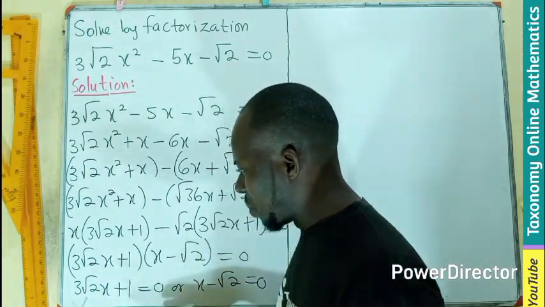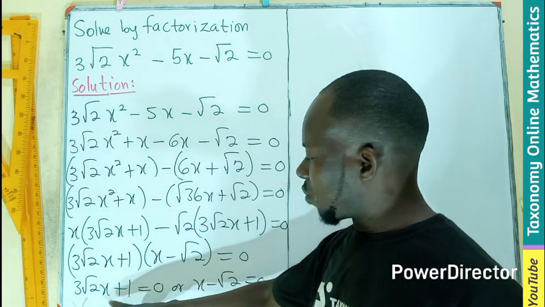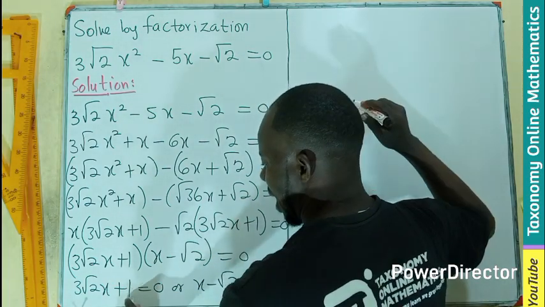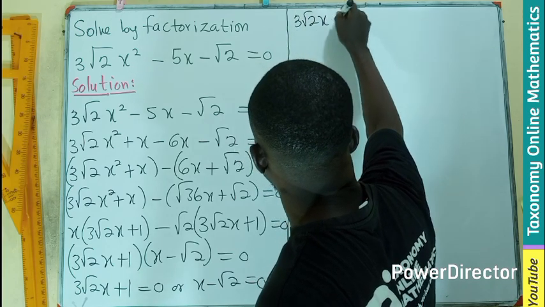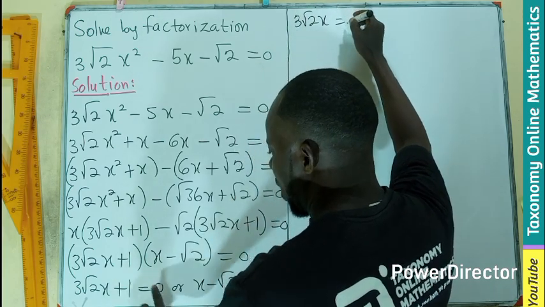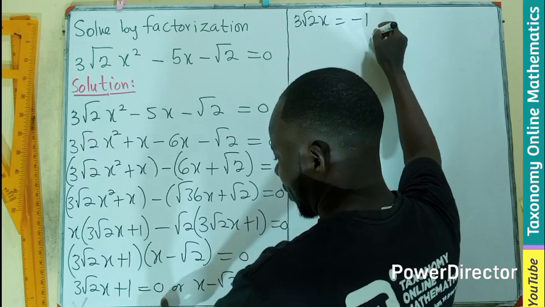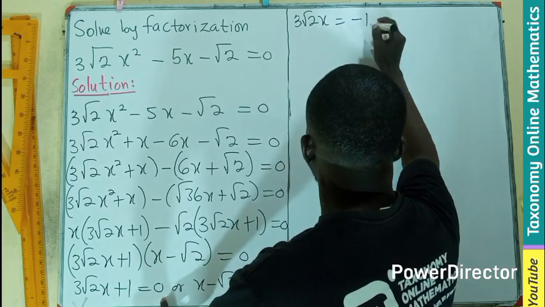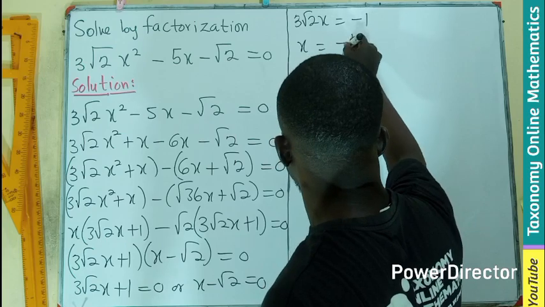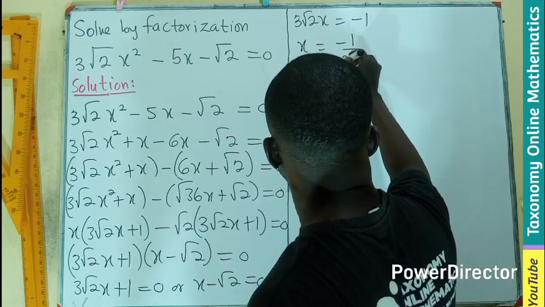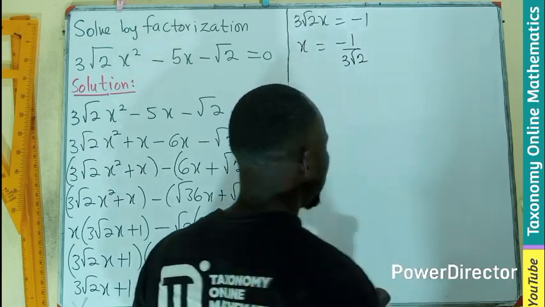So here we become equations, and we are looking for x. So we transpose the 1. I should be having 3√2x equals positive 1 becoming negative 1. Then we are looking for x. So x maintains negative 1 divided by 3√2.